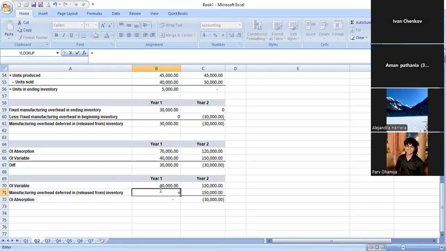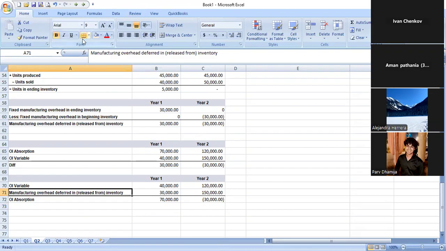The amount held in the inventory is 30,000, which gives you the absorption. So once you get the variable costing and add the manufacturing overhead deferral, which is in the inventory, it's going to give you the absorption.